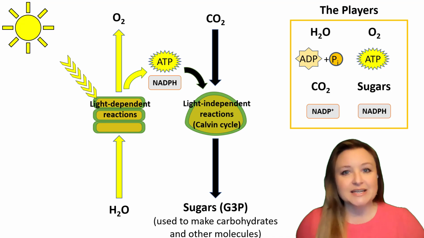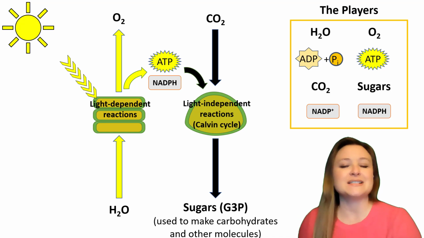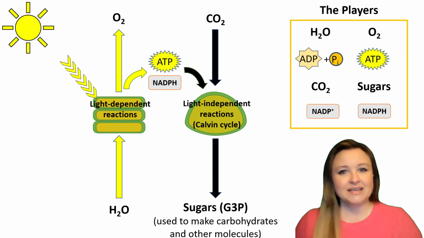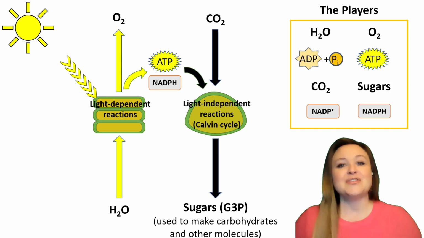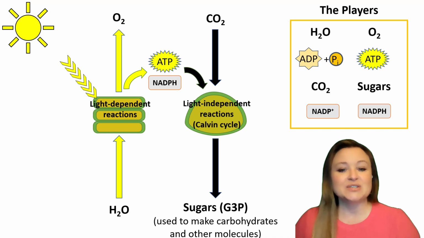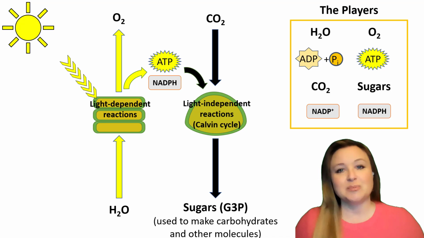Okay, so every carbon dioxide that gets fixed ends up being an extra carbon that now is available to make sugars, such as G3P. So after the Calvin cycle has turned 3 times and 3 carbon dioxides have been fixed, that generates one molecule of this 3-carbon sugar known as G3P.